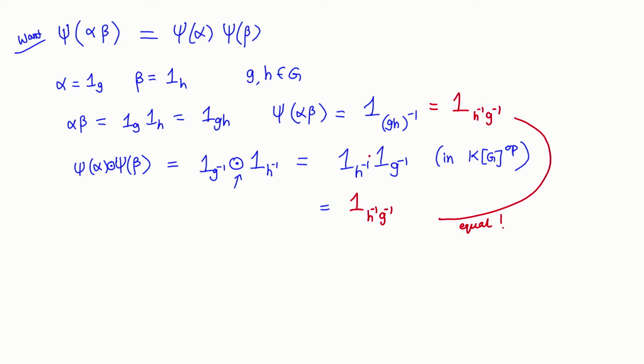And of course the third property we need to check is that psi of the identity is the identity. Recall that the multiplicative identity of this ring is 1 sub the identity of the group.